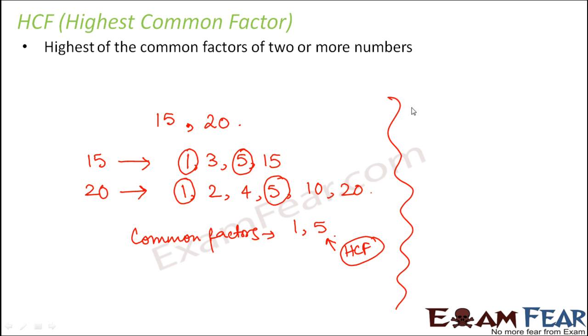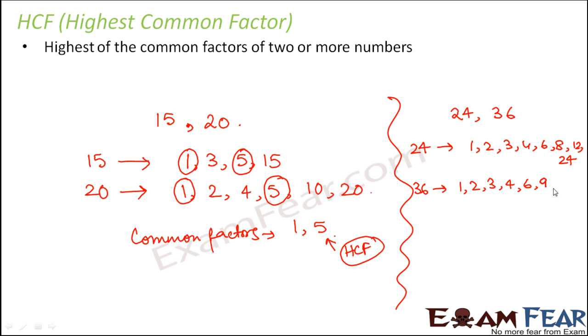So let us take another example. Let us talk about 24 and 36. If you have to find the highest common factor between 24 and 36, again, let's make a note of all the factors of 24. It would be 1, 2, 3, 4, 6, 8, 12 and 24. Let's make a note of the factors of 36, and this would be 1, 2, 3, 4, 6, 9, 12, 18 and 36.